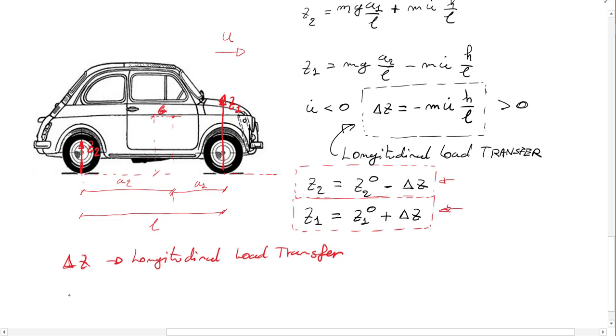And we now know what Z1 0 and Z2 0 are, and these are static loads. This completes our second lesson.